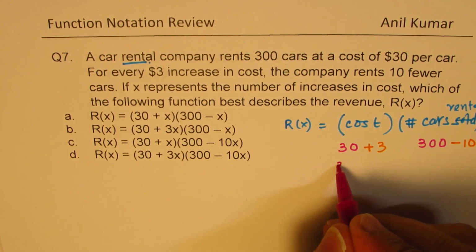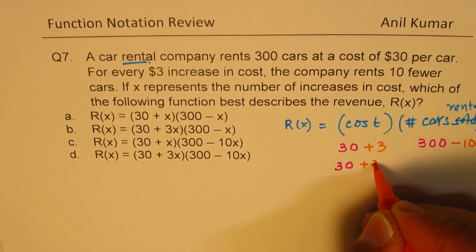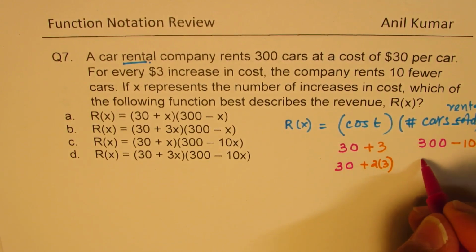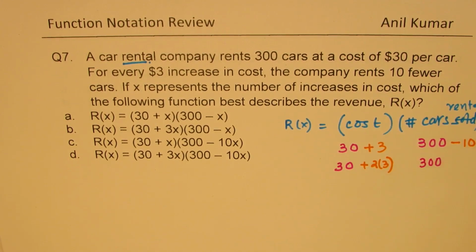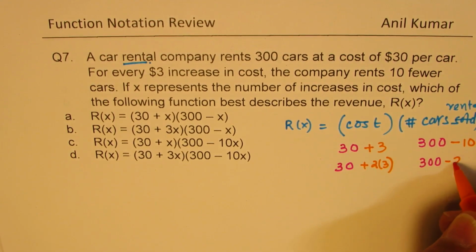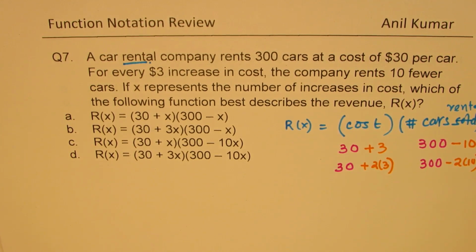If I increase it by $6, that means 2 times 3. In that case, the cars rented will be less by how much? For every 3, 10 less, so it will be 2 times 10 less. So what you see here is that as we increase the cost in multiples of 3, the number of rental cars decreases in multiples of 10, right?